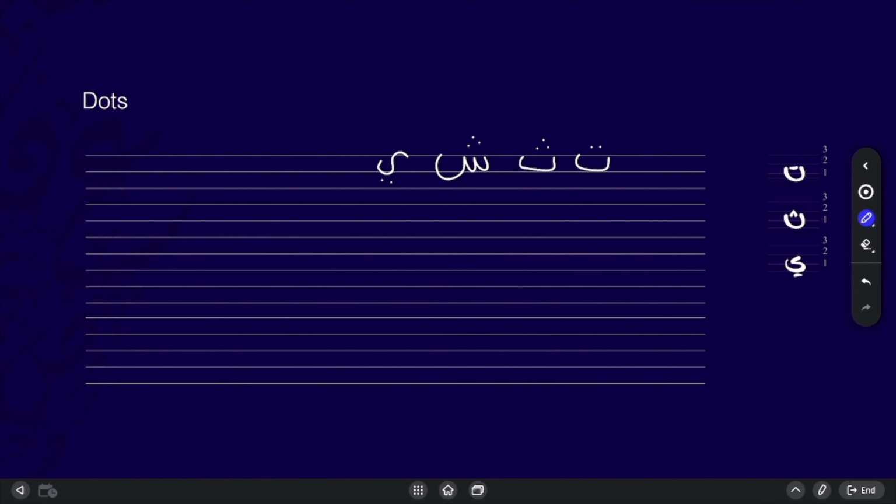Now, with time, and depending on the style of writing, depending on the font, or just depending on how much time you have on your hands, you find yourself sometimes going like this. So instead of two dots for ta, you just go ta. Tha is this way. Sheen is this way. Ya is this way. So replacing two dots with a line and replacing three dots with this triangular shape.